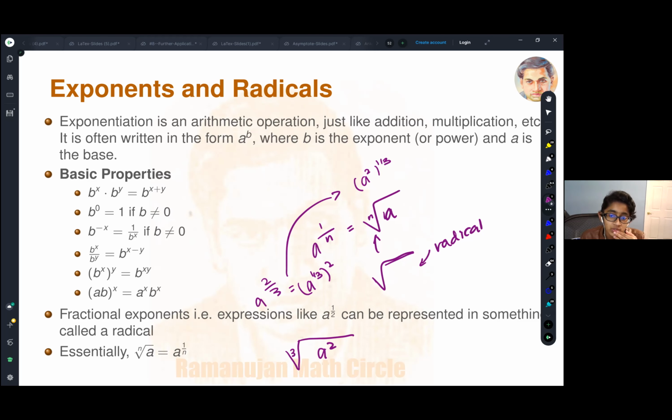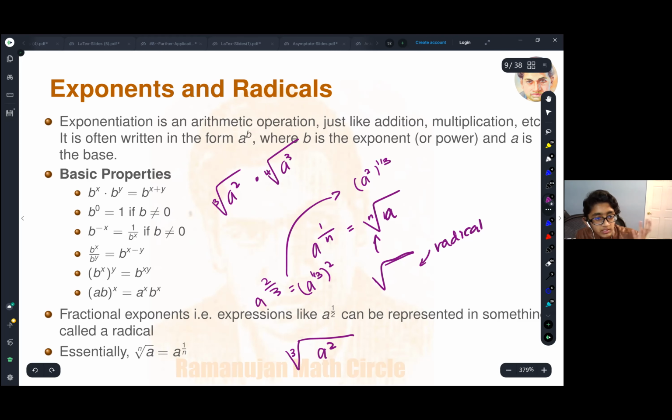This can often be useful when you're using the exponent rules, because sometimes when you have to multiply things, for example, the cube root of a squared times the fourth root of a cubed, it's super hard to do on its face because they have different radicals.